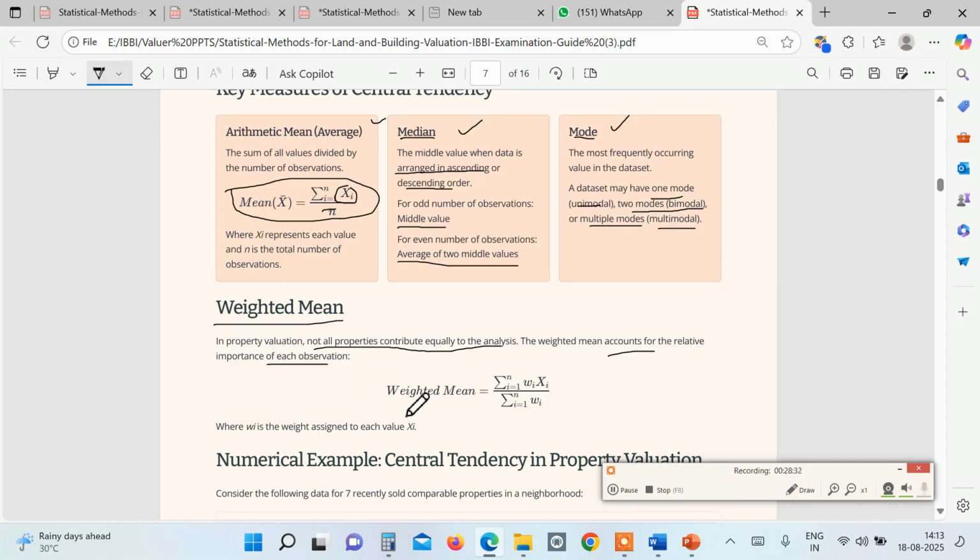How is this weighted mean calculated? It is the sum of wi xi divided by the sum of wi, where wi is the weight assigned to each value xi.